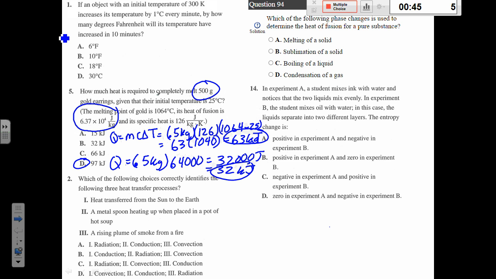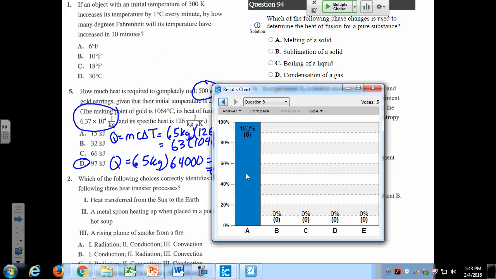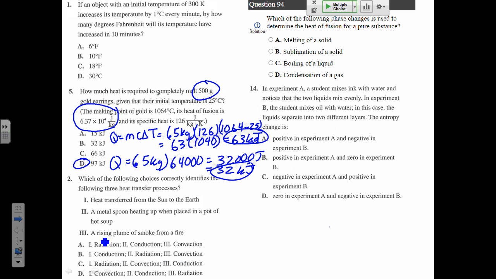All right, just a couple more seconds. Awesome, A is right. Radiation from the sun to the earth. A metal spoon is conduction because it's touching, and then a rising plume of smoke from a fire is going to be convection because you have this gas, this fluid, that's moving.